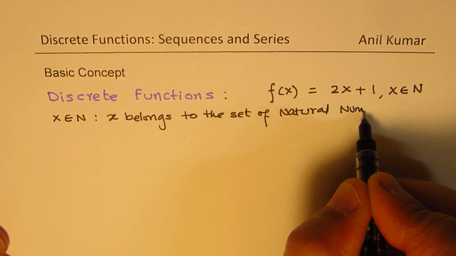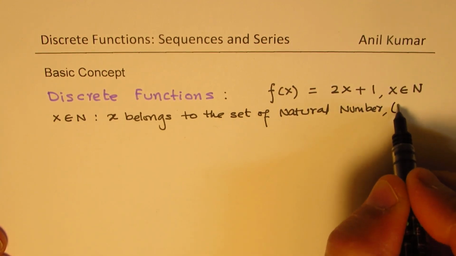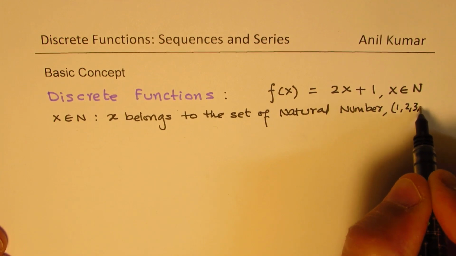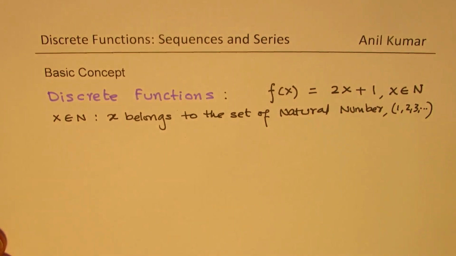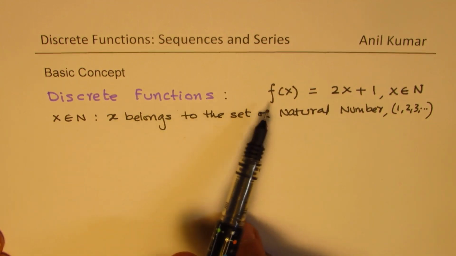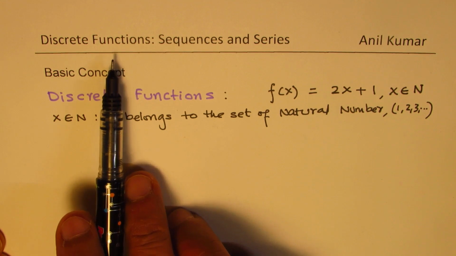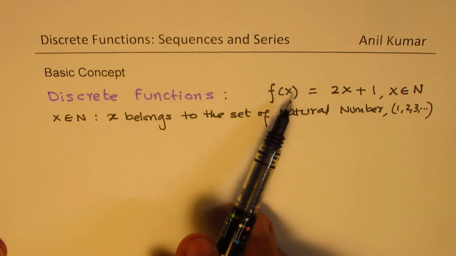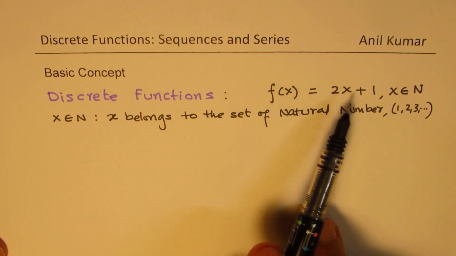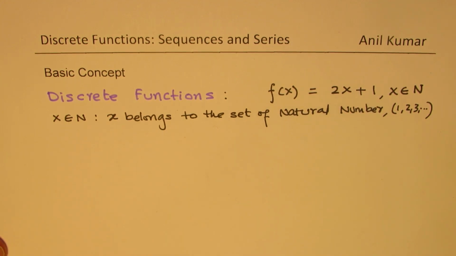Now natural numbers do not include 0, right? Which are like 1, 2, 3 and so on. Is that clear to you? Perfect. So that is very important to understand. So discrete functions, if I write a function like this under this heading, and if I tell you to write down the first 5 terms, you have to replace x with 1, 2, 3, 4 and 5. Clear? So this is first part.